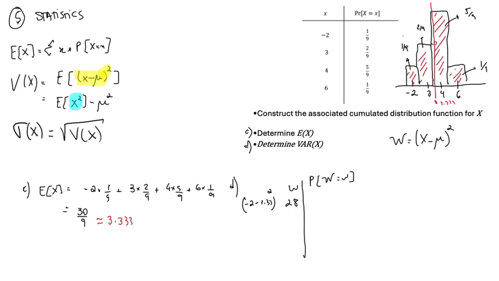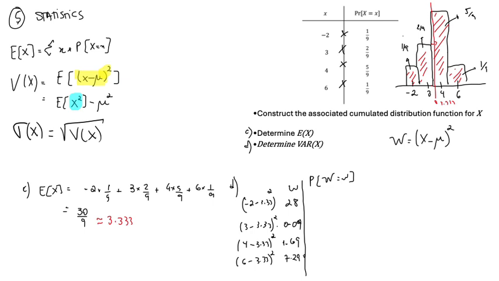Then 3. When x is 3, W will be 3 minus 3.33 squared. This is 0.33 squared, which is 0.09. Then what happens when x is 4?